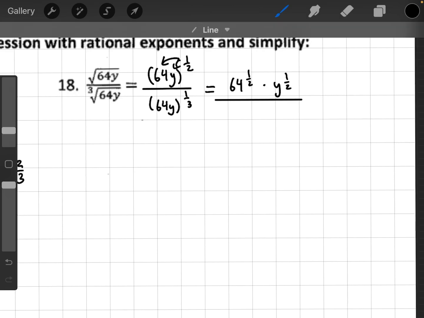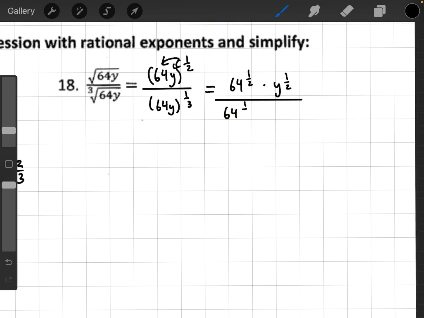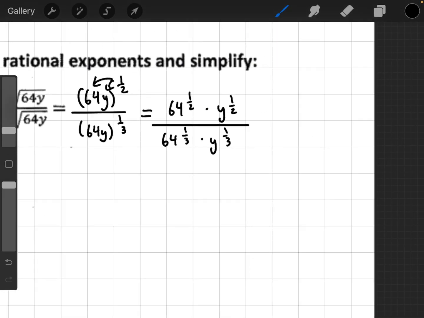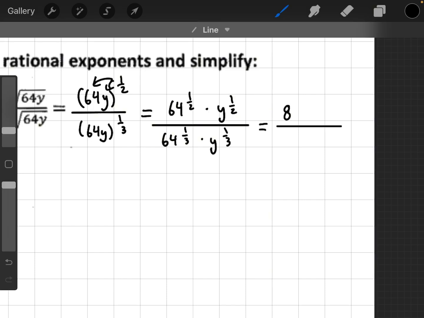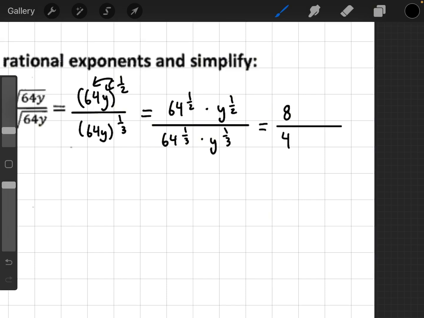We'll do the same thing on the denominator with 1/3. So you have 64 raised to the power of 1/3 times y raised to the power of 1/3. We'll simplify these two numbers. 64 raised to the power of 1/2, or the square root of 64, is 8, and the cube root of 64 is 4.